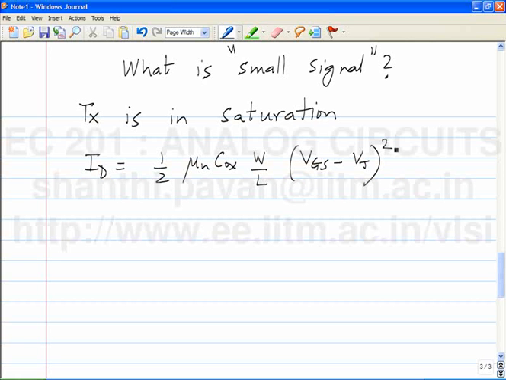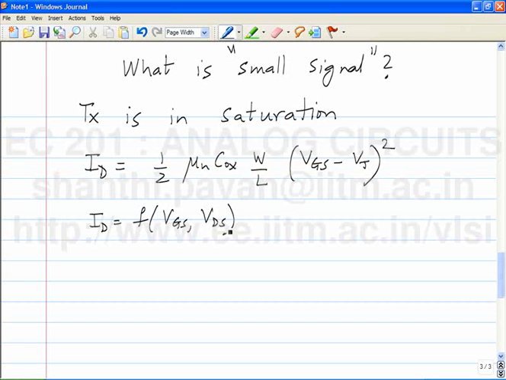Now you have a two-dimensional Taylor series. Strictly, the current ID is a function of both VGS and VDS in general.